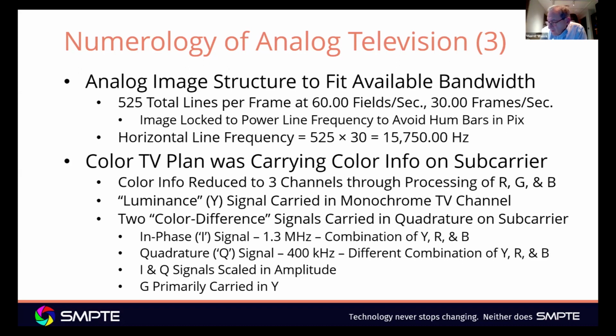And that was very important in those days because of hum that would come out of power supplies and put hum bars in the picture if you didn't keep the vertical rate in particular very close to, if not exactly the same as, the power line frequency.